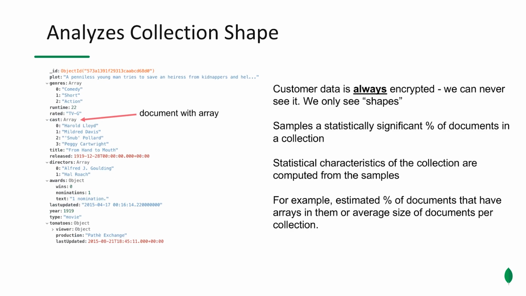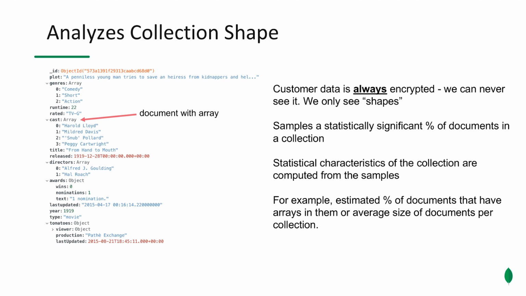So the second step is, once we have the list of top collections and the composition of queries happening on those collections, the next thing we do is we try to analyze the collection shape. Obviously, customer data is always encrypted in Atlas. We can never see it. The only thing we can see are shapes. So what does shapes mean? Let's go into that in a sec.